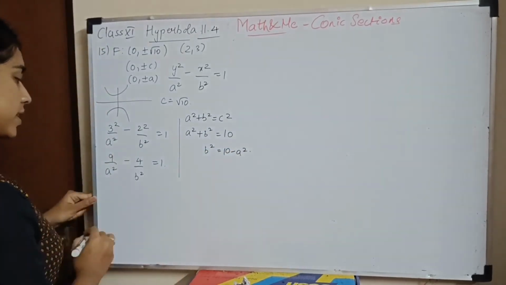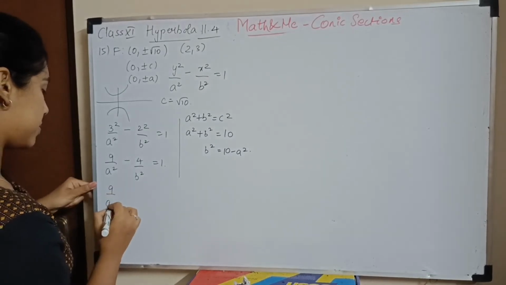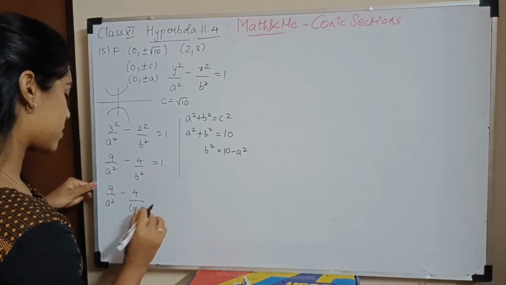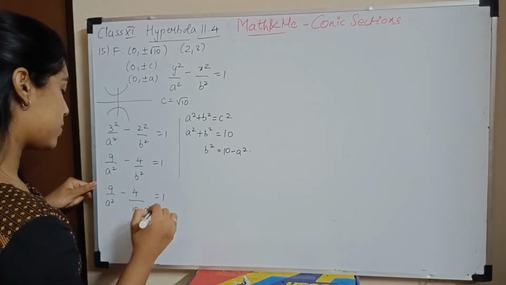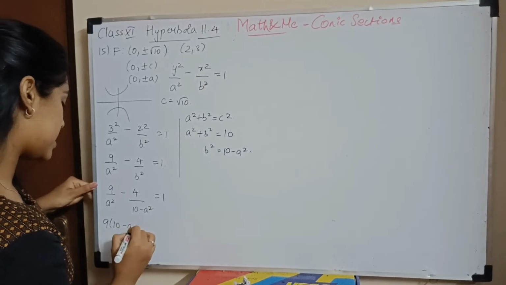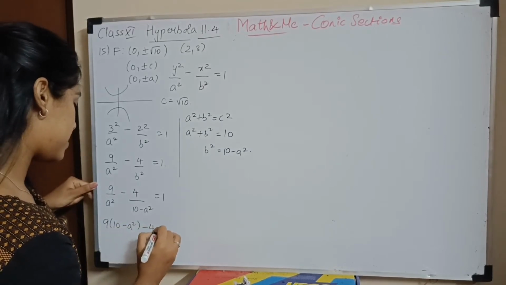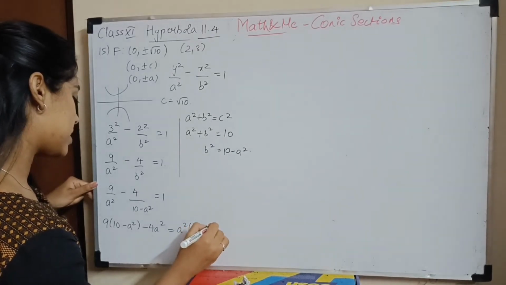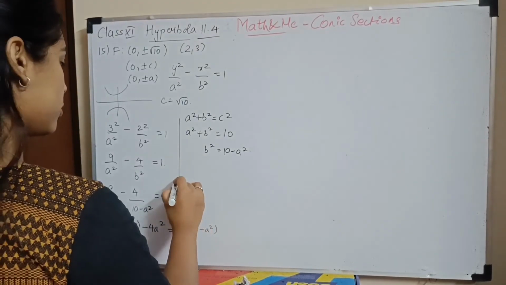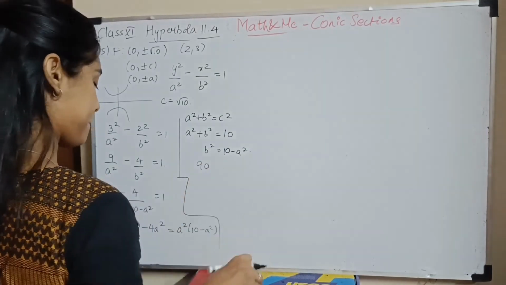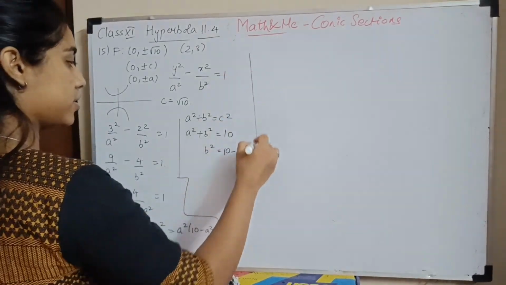So when I substitute that here, I have 9/a² − 4/(10 − a²) = 1. When I take the LCM, I have 9(10 − a²) − 4a² = a²(10 − a²). So what happens when I open this?